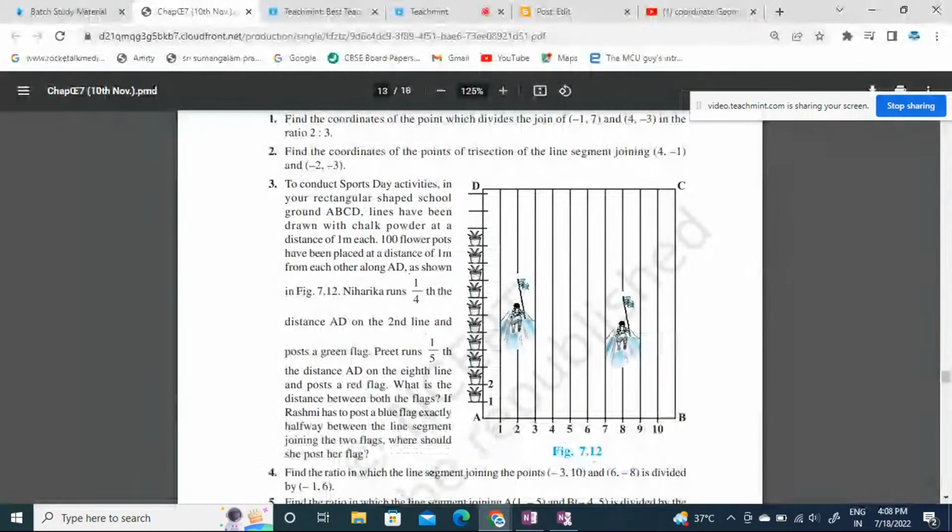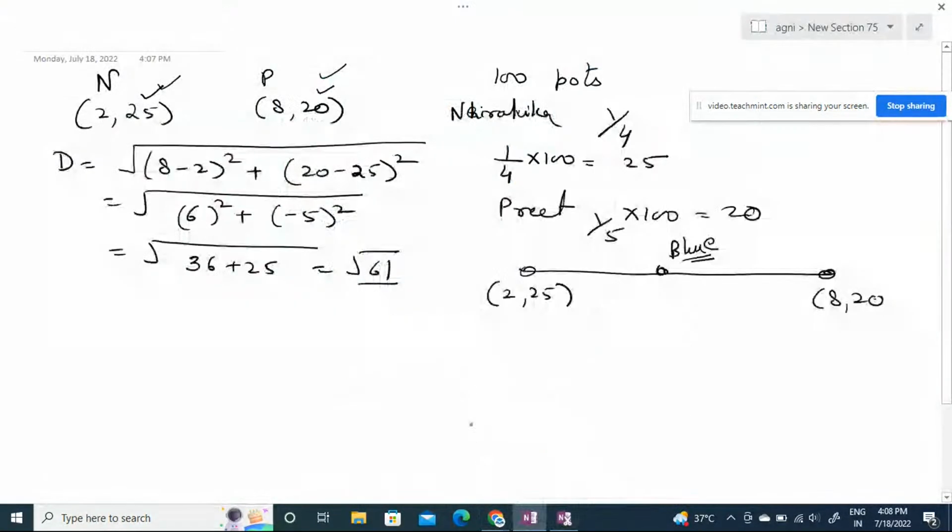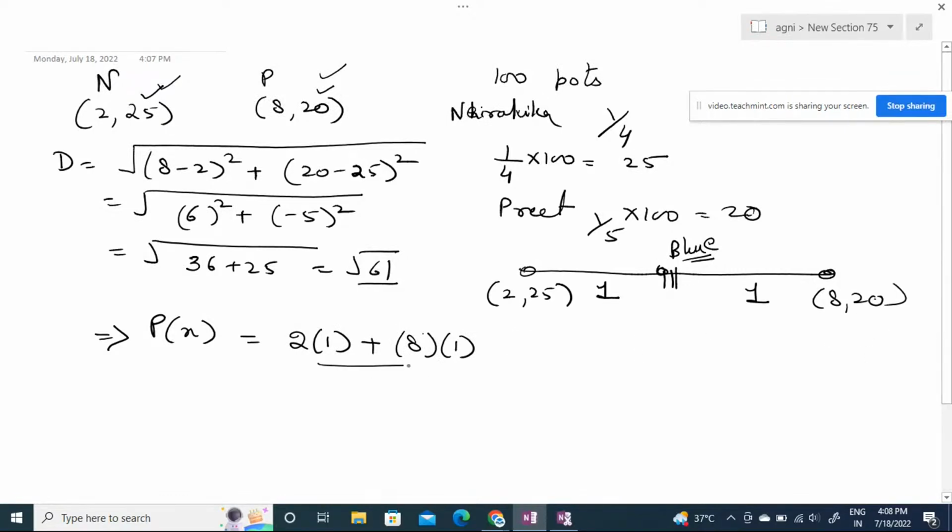Now we just see the question. Halfway between them. She has to put the flag halfway between them, so we have to find the middle point. So we can take this ratio 1 and this ratio 1. From here, the x coordinate is equal to 2 into 1 plus 8 into 1 over 2.